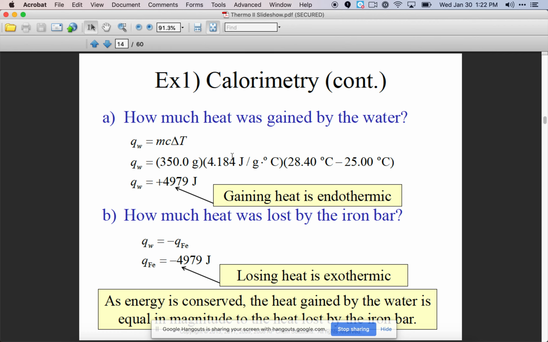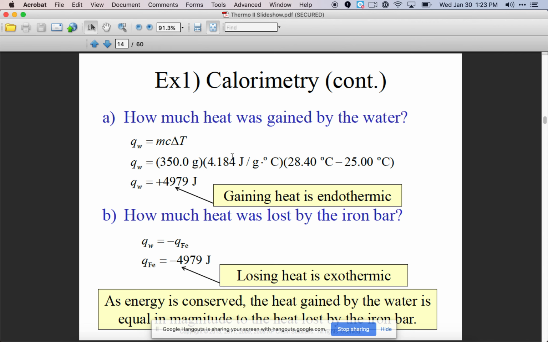Yes. Are you okay with that? Kind of. Okay, so Zoe, if you had a piece of metal and you heated it up to a certain temperature and you're trying to figure out how much heat it actually had inside, what you do is you measure the starting temperature of the water and then the final temperature of the water, which is what they do in letter A here. Do you see that?